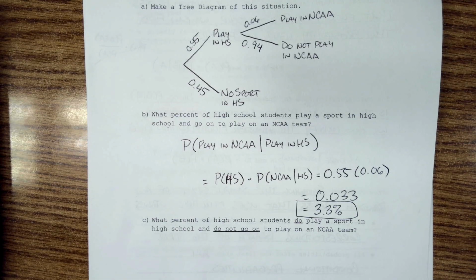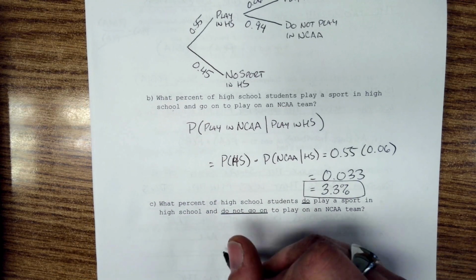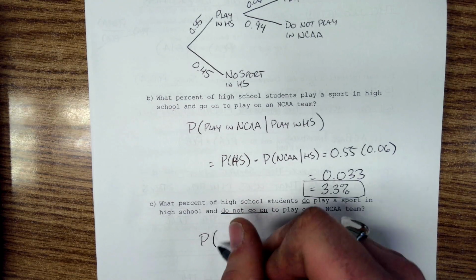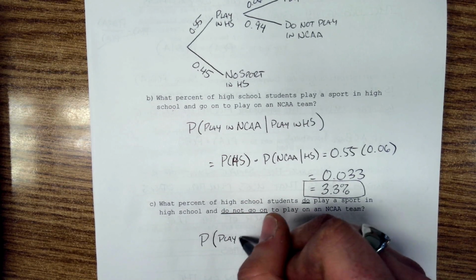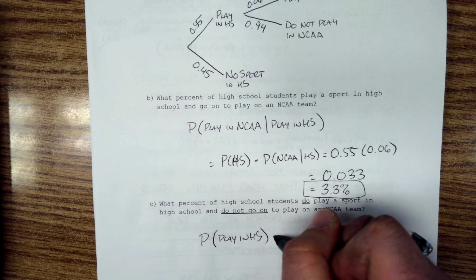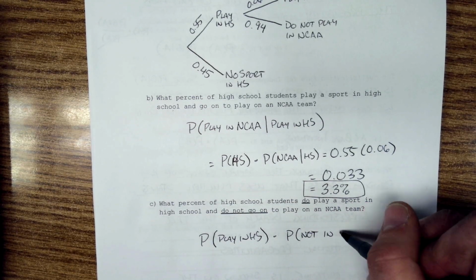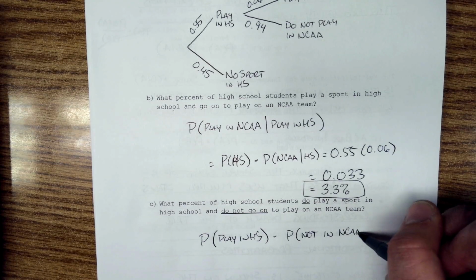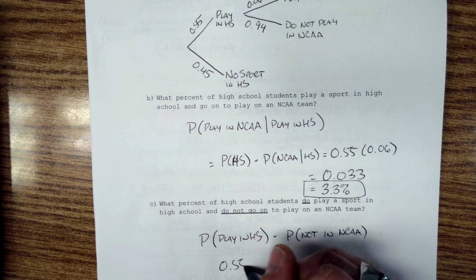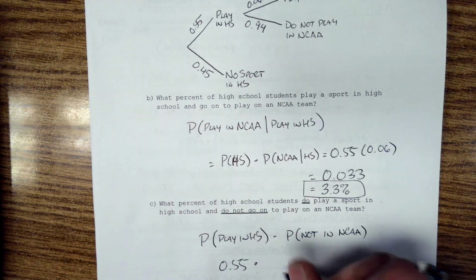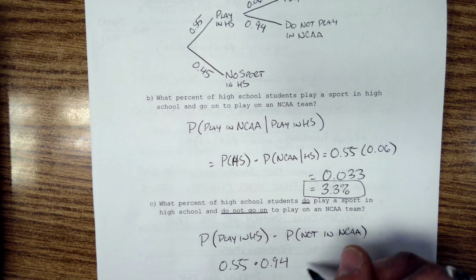Another thing that we could ask here, what percent of high school students who do play a sport in high school do not end up playing in college? So that one would be the probability that they play in high school times the probability that they do not play in college. Again, 55% of them play in high school, but of those 55%, 94% do not play in college.